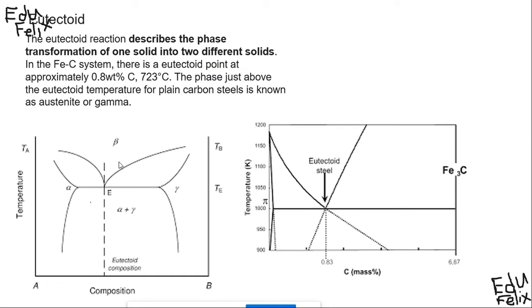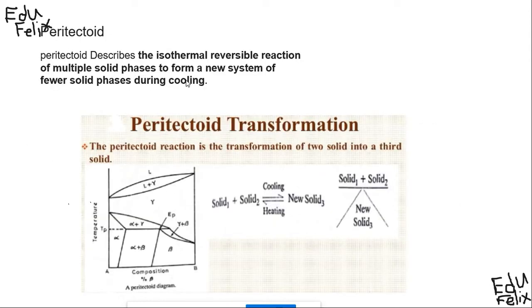So alpha changes to alpha plus gamma. Only alpha is changed after this point, to alpha plus gamma. Here this is the gamma solid phase, this is the alpha phase. But after alpha it changes to different solids. Like this is also eutectoid steel.